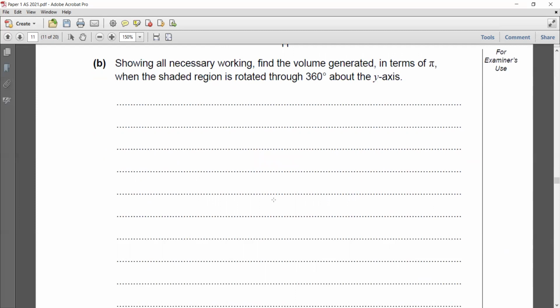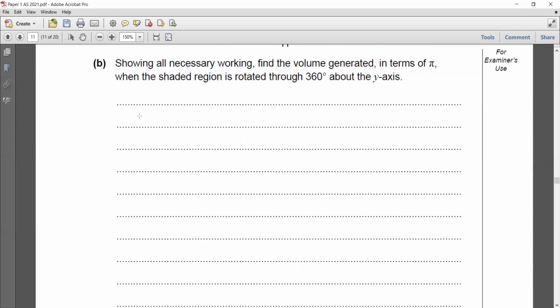Okay, then B, it's just 3 marks. Showing all the necessary working, find the volume generated in terms of pi when the shaded region is rotated through 360 degrees about the y-axis. So again, this one, just a matter of using the formula.